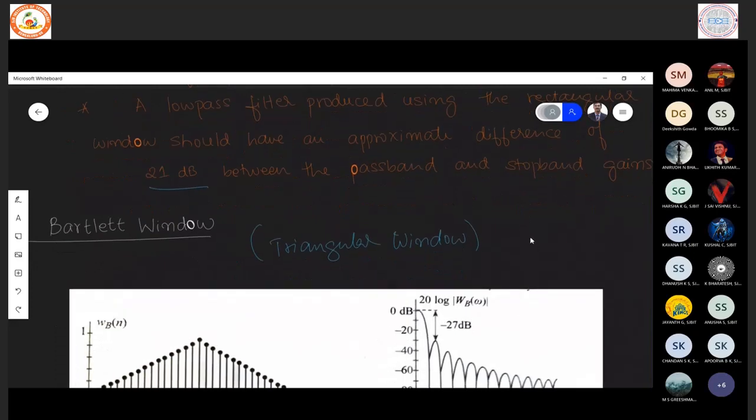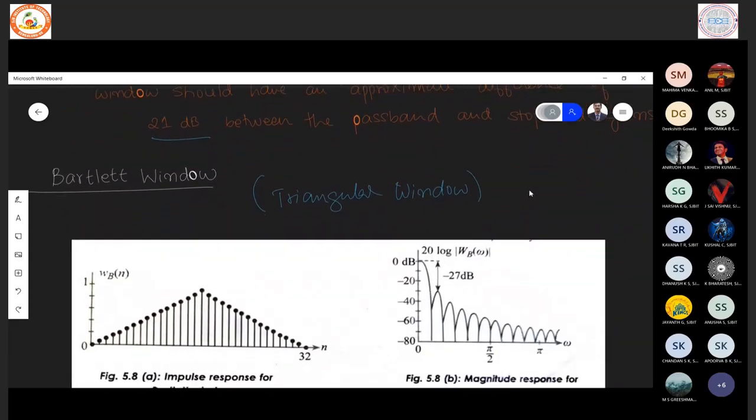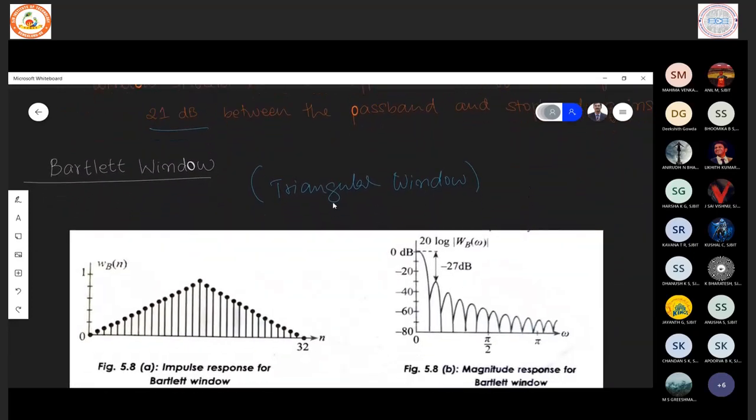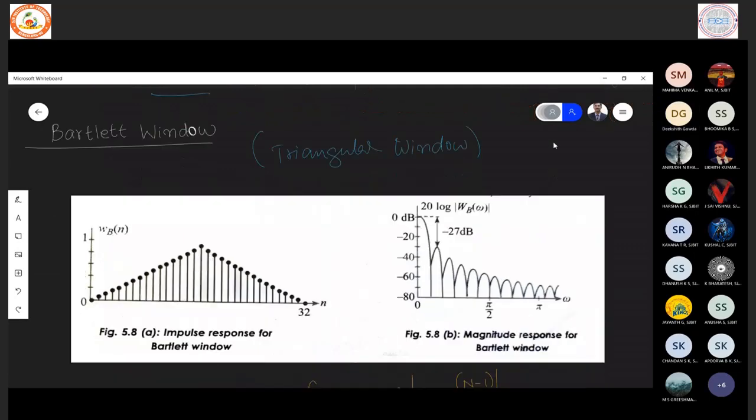The next window type we have is called the Bartlett window. The Bartlett window is also called the triangular window. Compared to rectangular, this shape is a little smoother. The rectangle had a sudden drop, here it is a little angular but still better. This is WB of n, B for Bartlett.